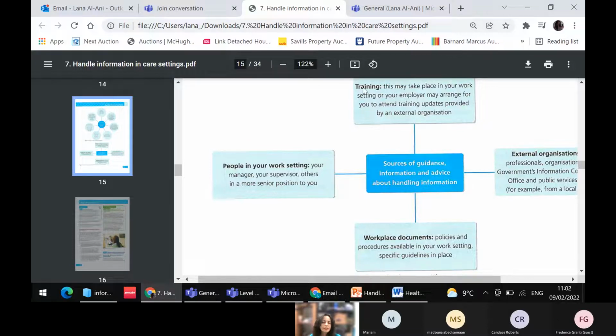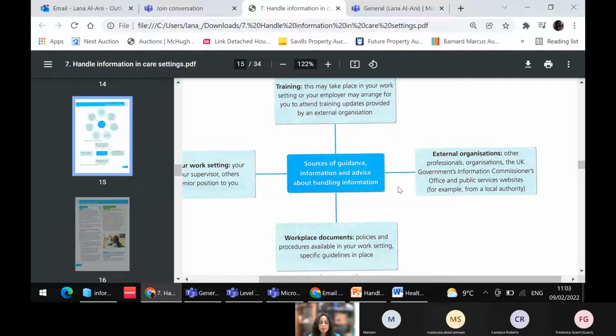I can also get guidance through training. This may be taking part in my employer's setting, or maybe my manager will arrange for me to go outside to another organization to get this training through an external organization.